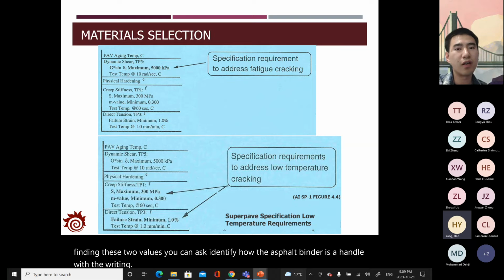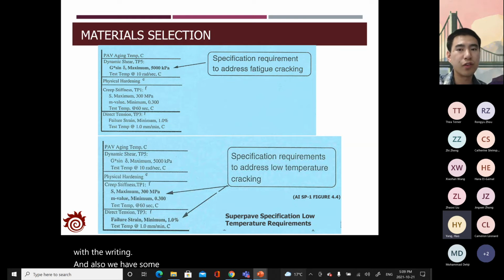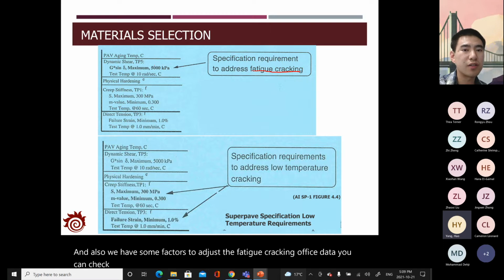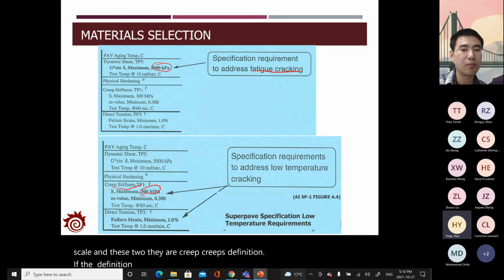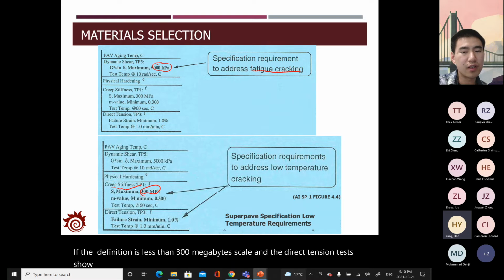And we also have some factors to address fatigue cracking. With that, you can check the dynamic shear strength with the maximum value of 5,000 kilopascal. And for these two, the creep stiffness should be less than 300 megapascal, and the direct tension tests should show that the failure strain is higher than 1%.